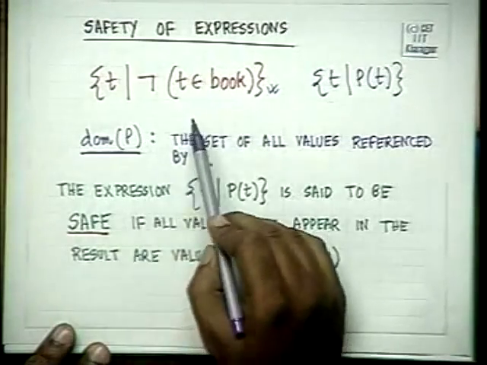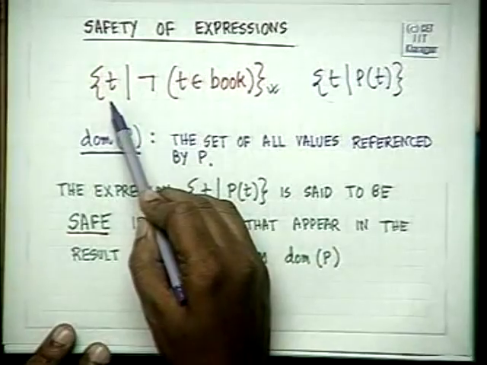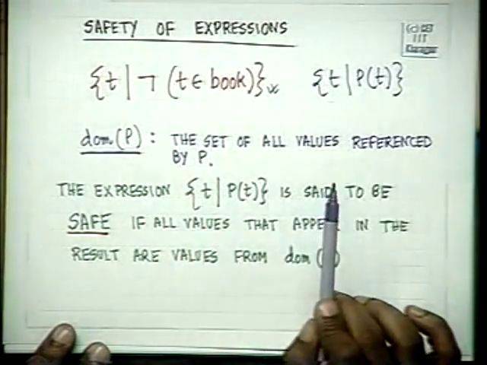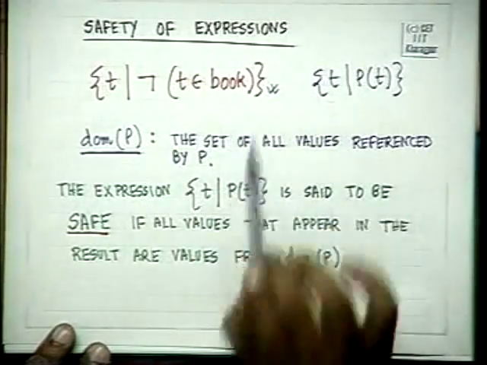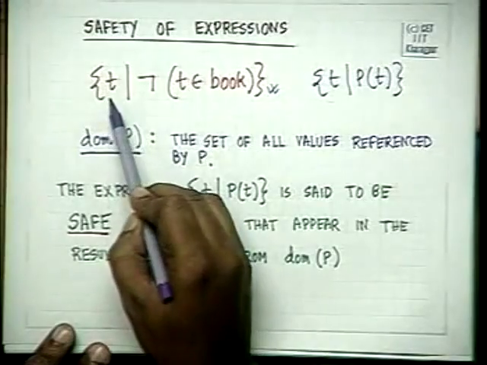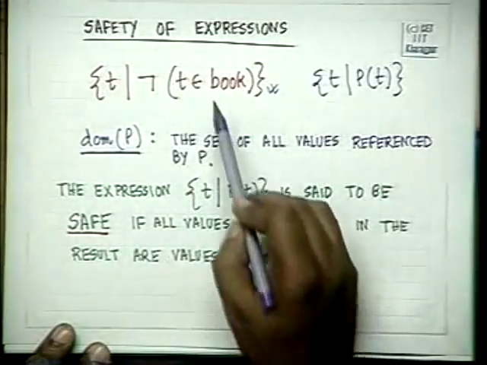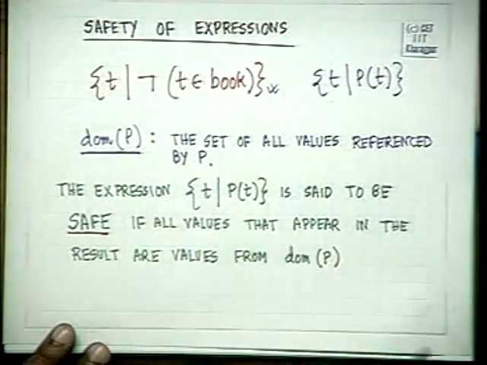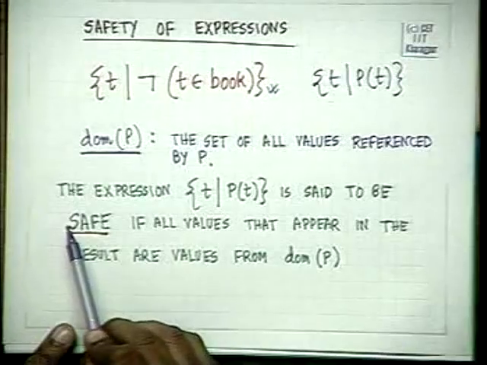So you have to define the set of universal books and say T such that T is an element of all books, some all-books relation must be there, and T is not in the book relation which is there in the library. Then you will get something which is safe, because now you will have the 2 possible domains, books and all books, and the tuples that you will get will be part of the all-books or books combination. So in that case it will be safe.